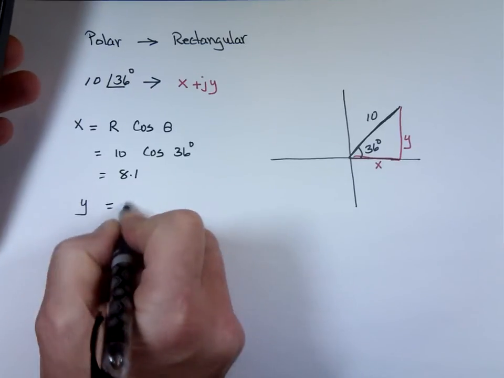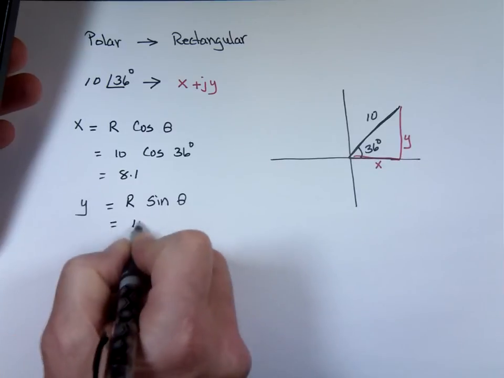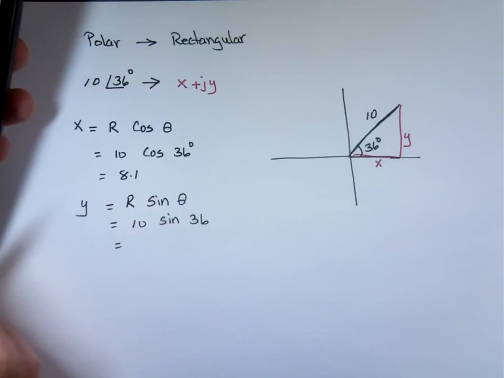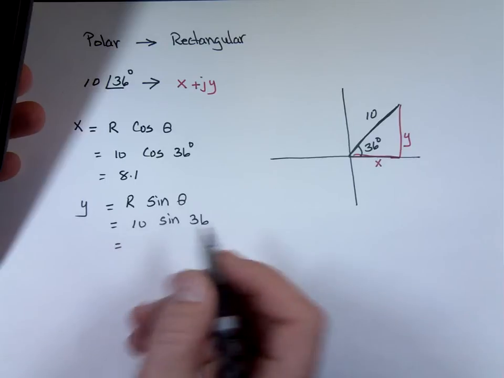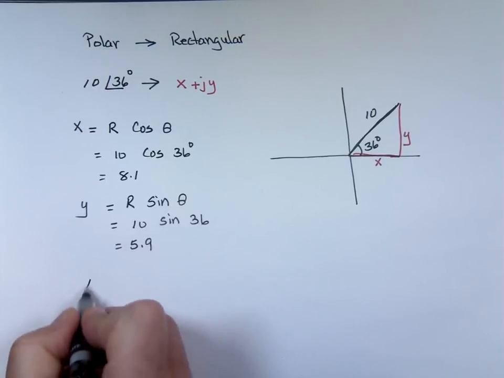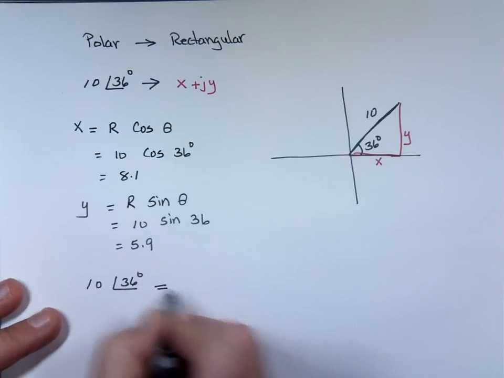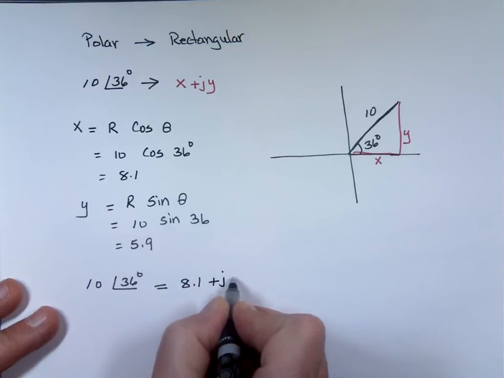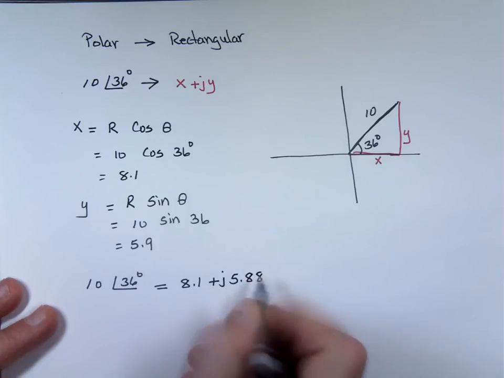R sine theta, 10 sine 36, which is 5.88 or 5.9. So we can say 10 angle 36, if you want to change it to rectangular, is approximately 8.1 plus j 5.9 or 5.88. It doesn't really matter if you write j first or last.